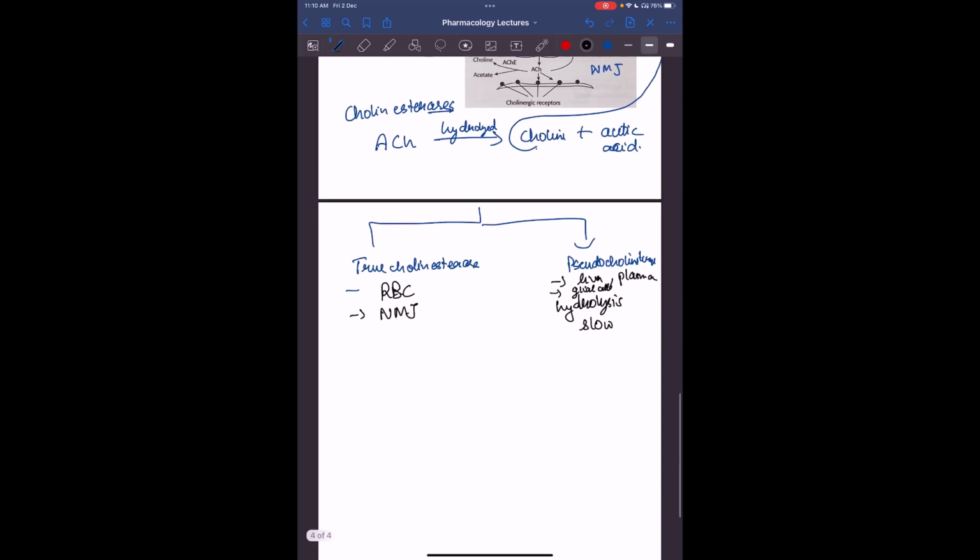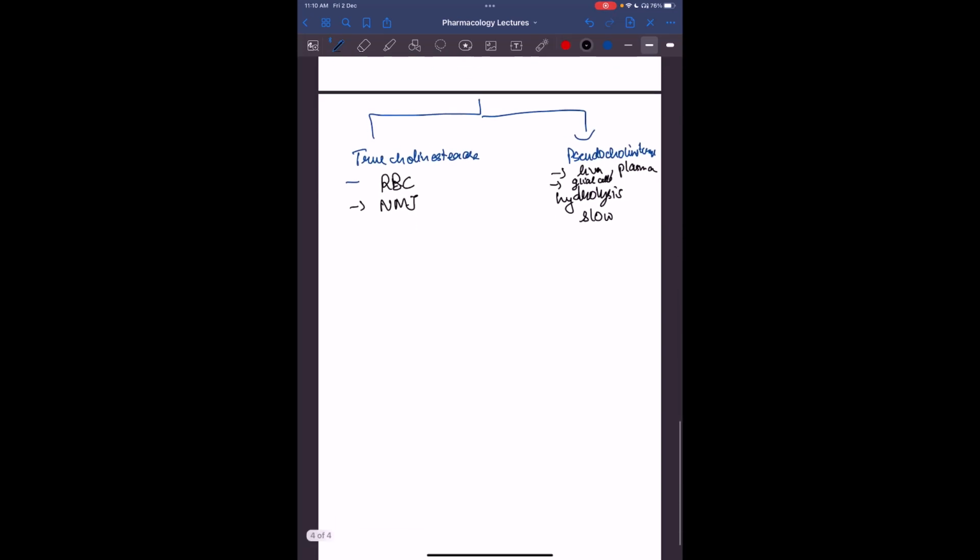Now we'll learn about the receptors where it goes and acts. So there should be something where it goes and acts. So, receptors of acetylcholine. Receptors of acetylcholine are classified into two types: muscarinic and nicotinic.